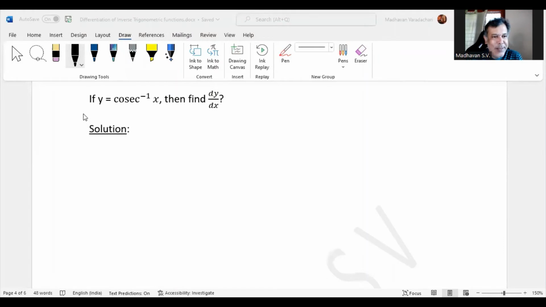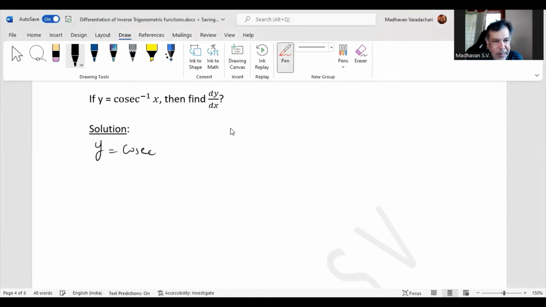If y is equal to cosecant inverse of x, then find dy by dx. So first of all, let us rewrite this: y is equal to cosecant inverse of x, which means that cosecant y should be equal to x.